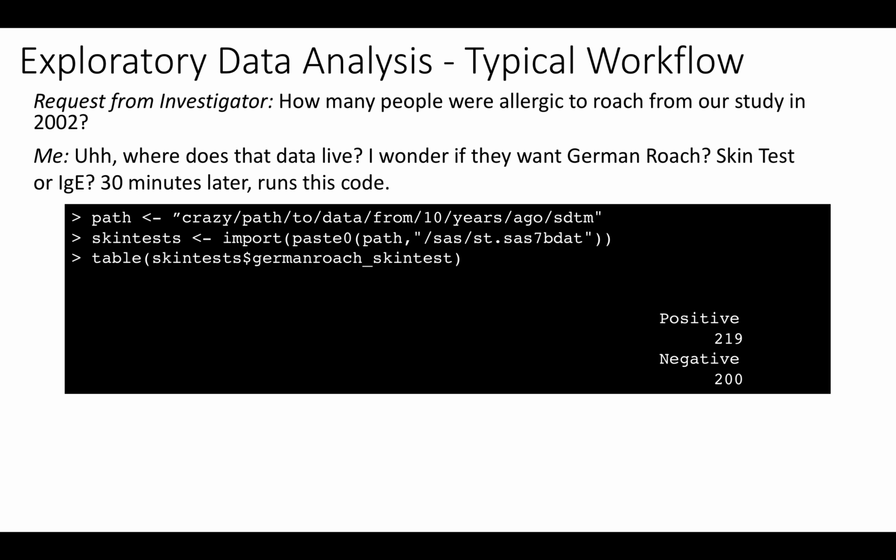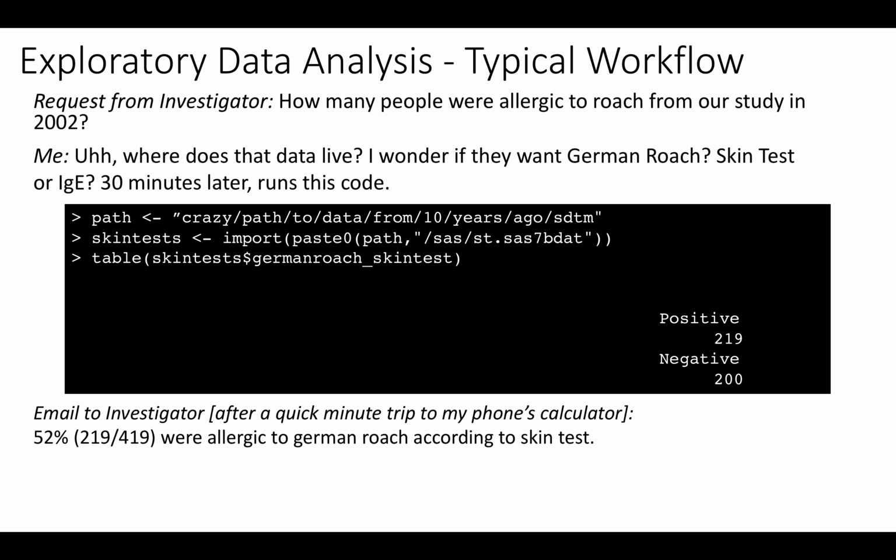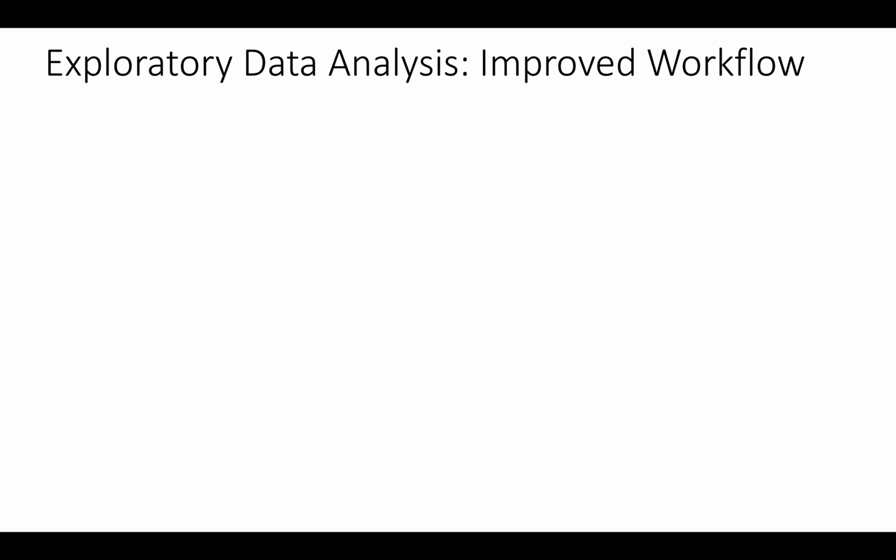Oh, I wonder what kind of cockroach they're interested in. Do they want skin test or do they want the blood test? So finally, 30 minutes later, I'd make some educated guesses. I'd run a little bit of R code and I'd email the investigator saying, okay, 52% were allergic to German roach according to skin test. And I'd hit send. I found this very unsatisfactory.